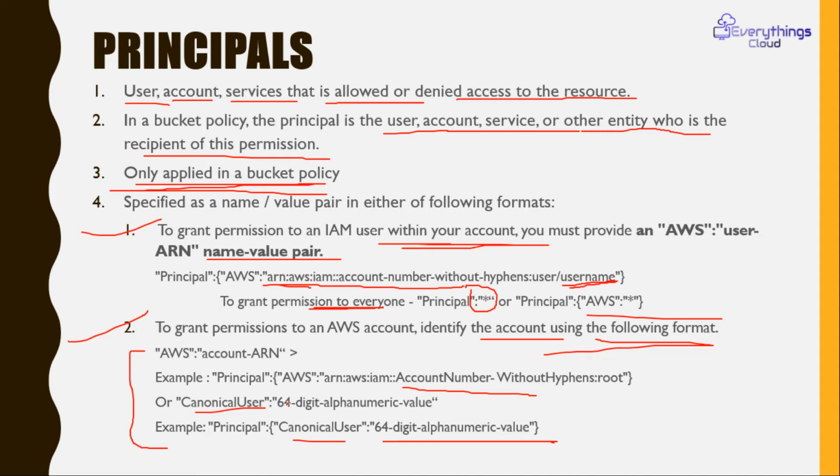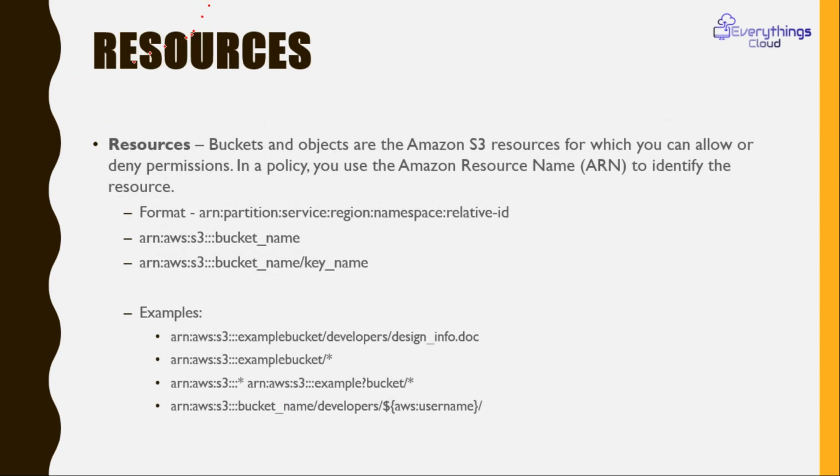So what is the resource? Bucket and object are S3 resources for which you can allow or deny the permission. So you can specify which resource you want to allow or deny. It works based upon the ARN.